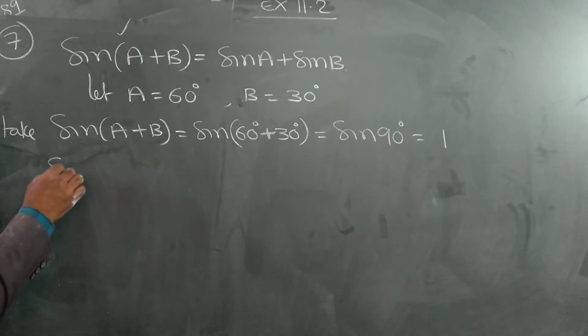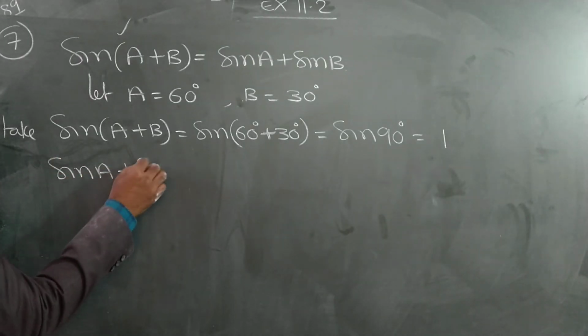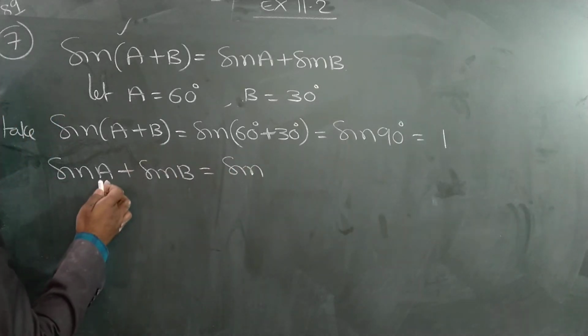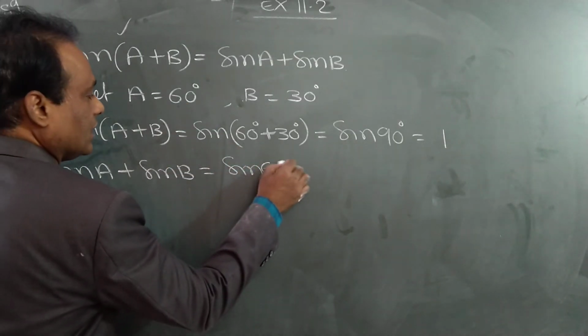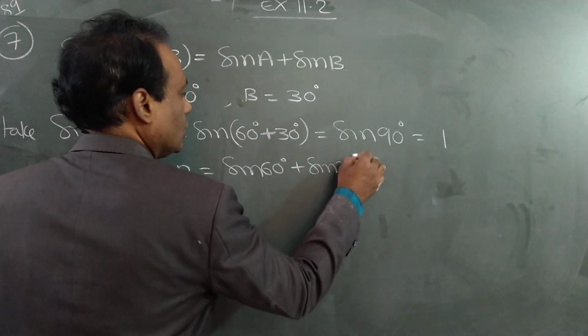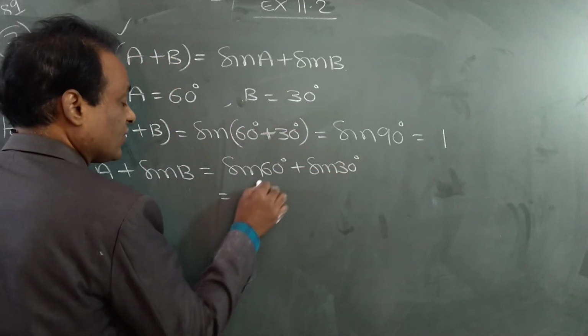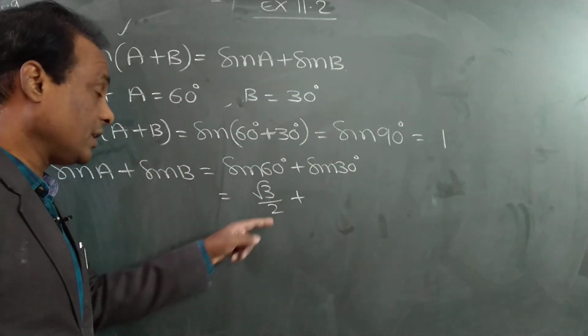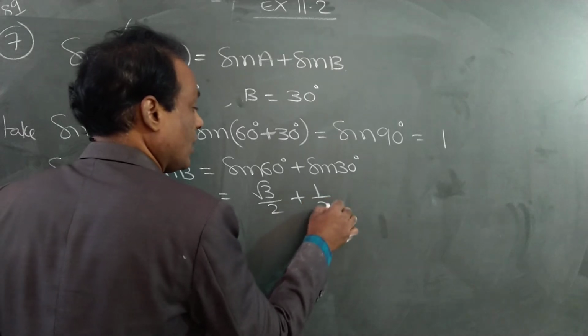Now I am taking the right side. What is the right side? Sin A plus sin B. A, how much am I taking? 60 degrees. B, how much? 30 degrees. So what is the answer? Sin 60 value, root 3 by 2. Sin 30 value, 1 by 2.